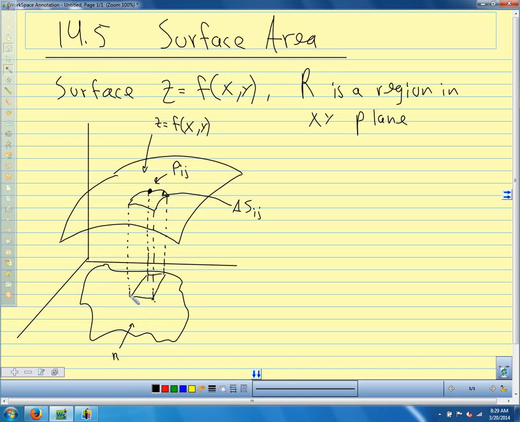When we project this down, we get a little delta y sub j and a delta x sub i, so a little piece of area in the xy plane.